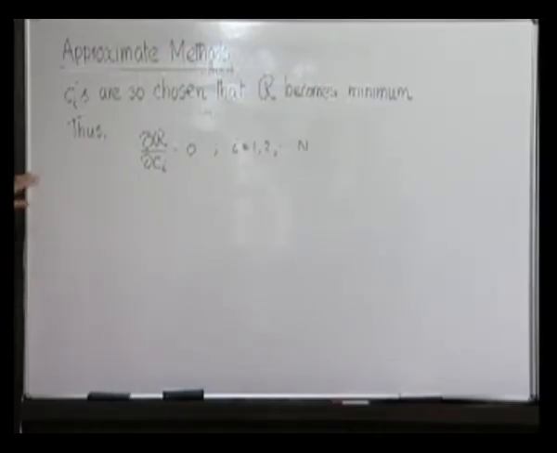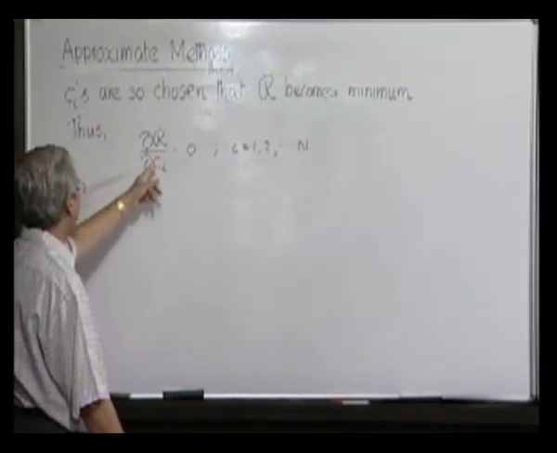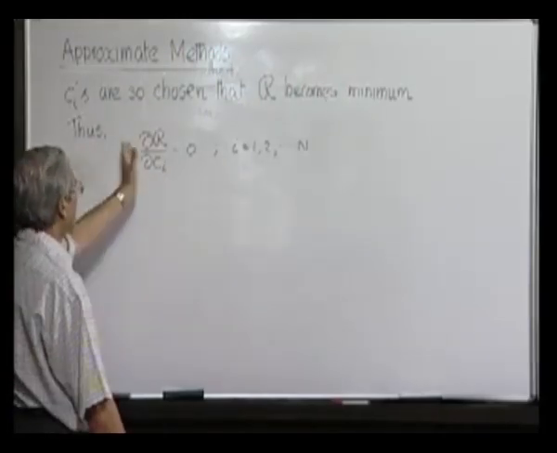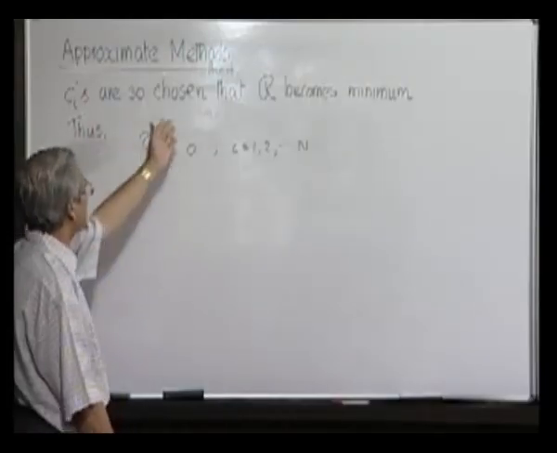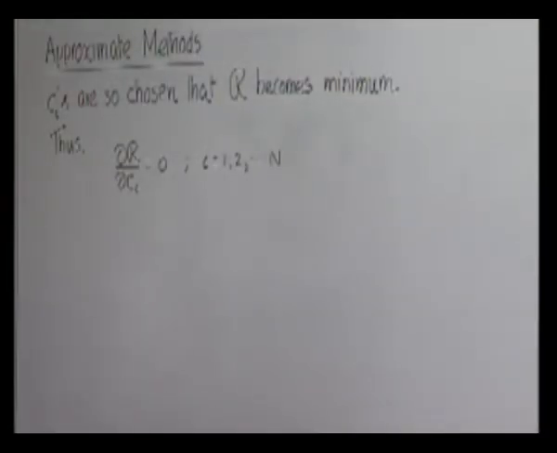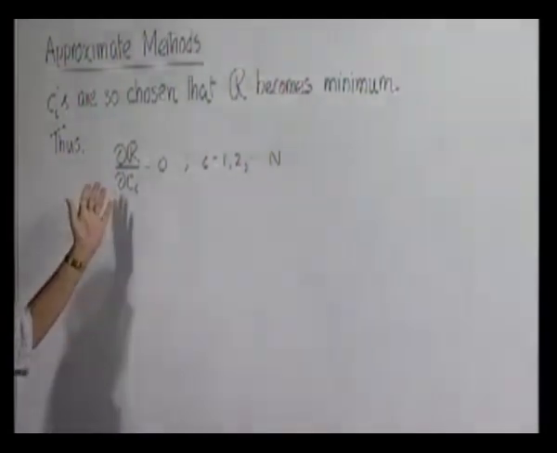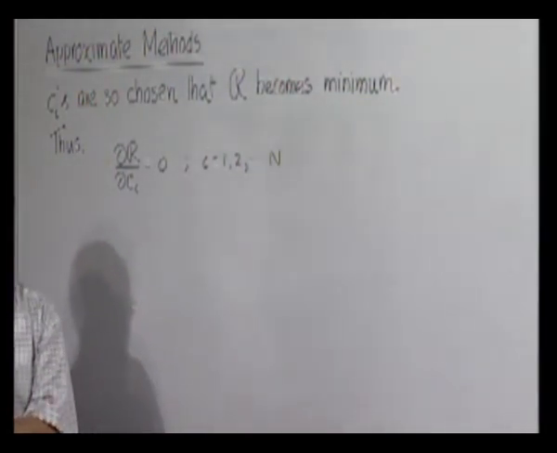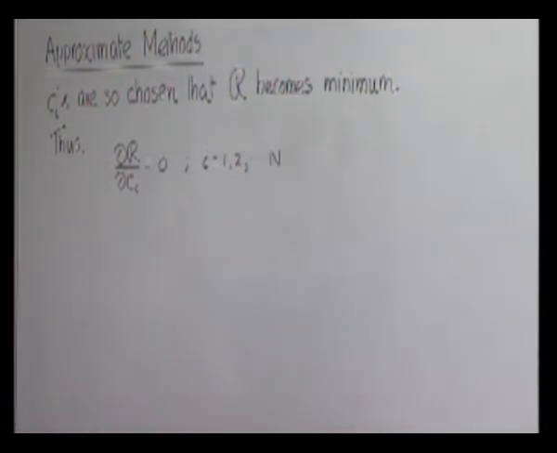If R takes a stationary value at the chosen coefficients, then all these dR by dC's, there will be n number of such, will be all 0. Therefore, this represents n number of homogeneous equations in C's, and therefore a non-trivial solution of the C will be possible only if the determinant is 0. So therefore, when this is done, this represents this n equation.